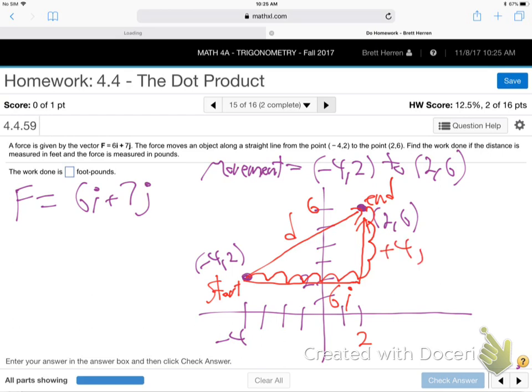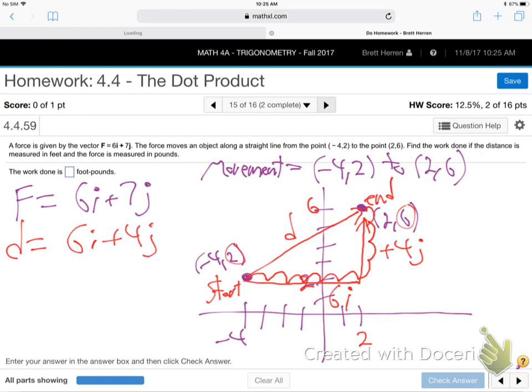Yeah, up 4j, from 2 to 6. So it's 6 to the right, 6i, and 4j. So the distance vector is 6i plus 4j.